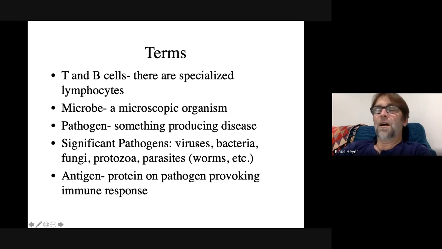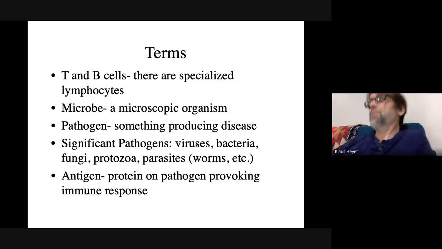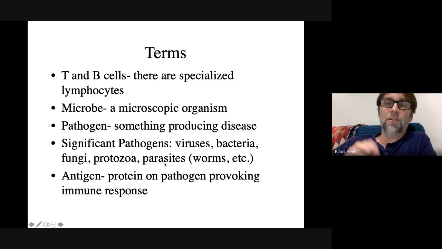That'll be like, I'm just guessing here, like 90%, 95% of the time, right? And then if you add fungus to it, it's going to be like 98% of the time. Hardly ever would you see protozoa or parasites in the United States. If you did, it would be somebody that traveled to a foreign country.